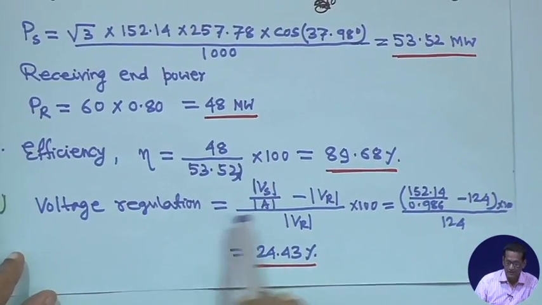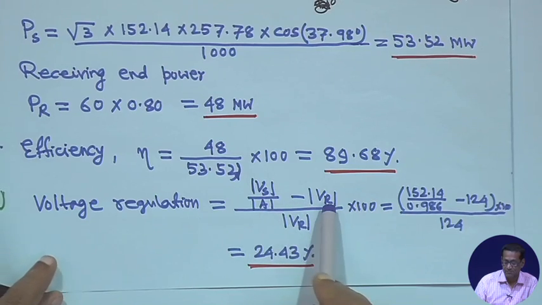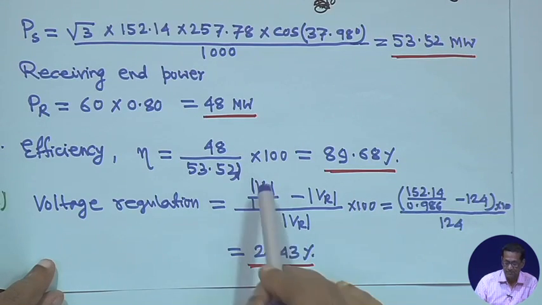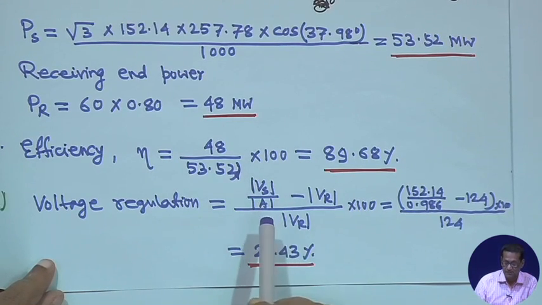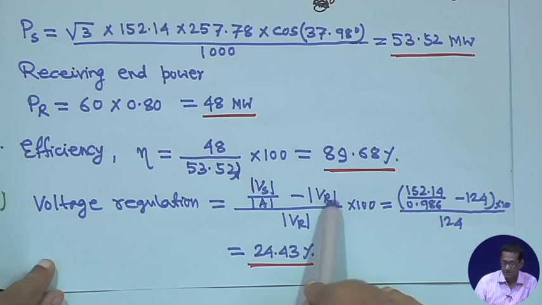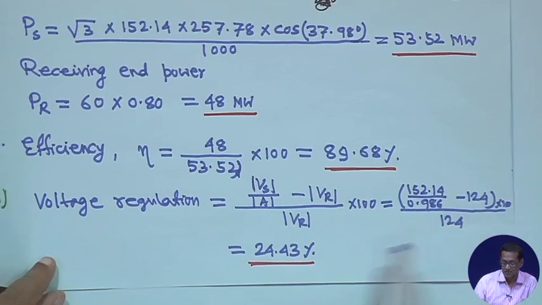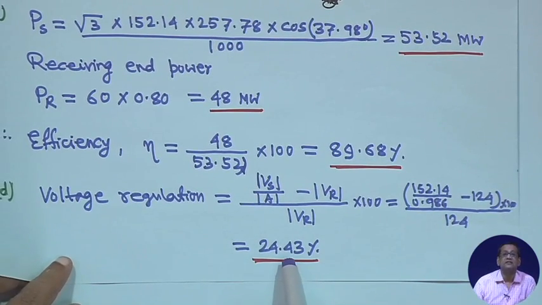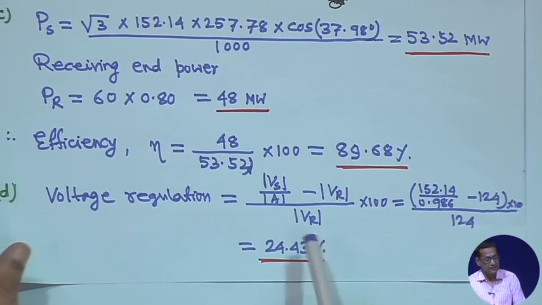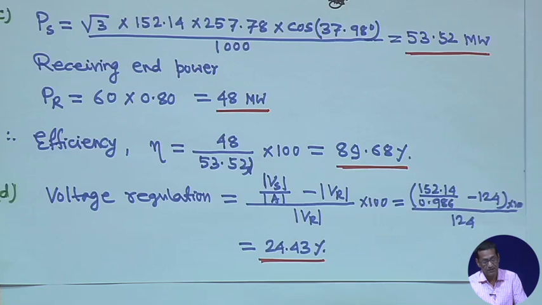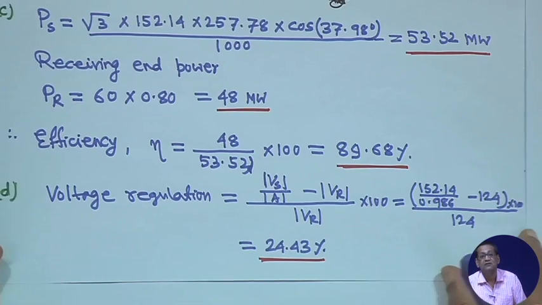And voltage regulation is mod Vs upon A minus mod Vr divided by mod Vr. Magnitude of Vs is known, magnitude of A is known, magnitude of Vr is all known. You substitute here. So, your voltage regulation is 24.43%, right. This example is considering a long transmission line.